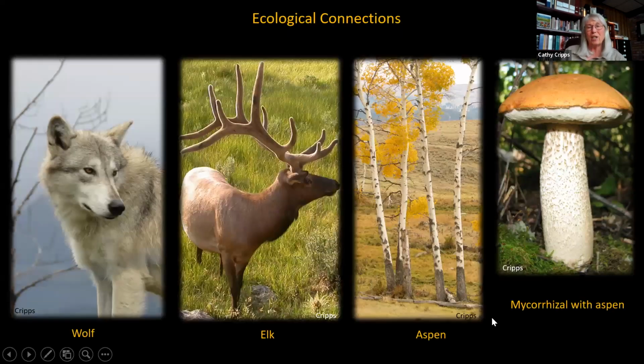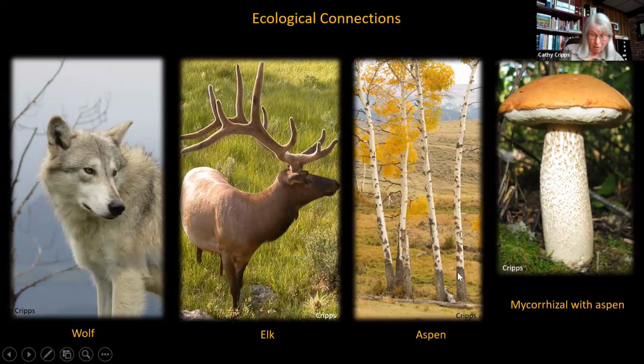Oh, and I just put this in for fun, a little break here. Ecological connections of really different organisms. And I bet most of you in the audience could connect up the first three. I'm adding one more. So wolves were introduced to Yellowstone. And when they were introduced, the elk population declined, as expected, because wolves are predators. But what was less expected is that aspen and willows proliferated because the elk were not browsing them as much.